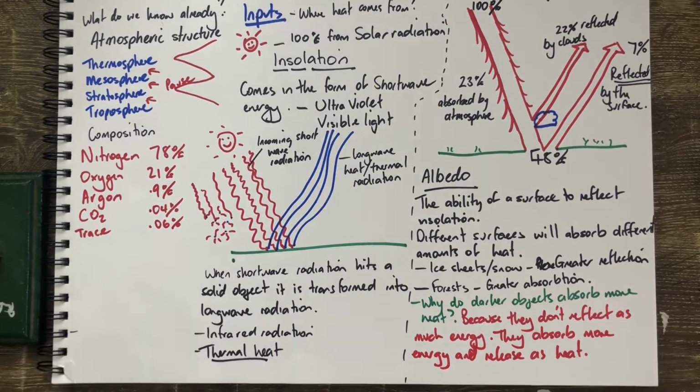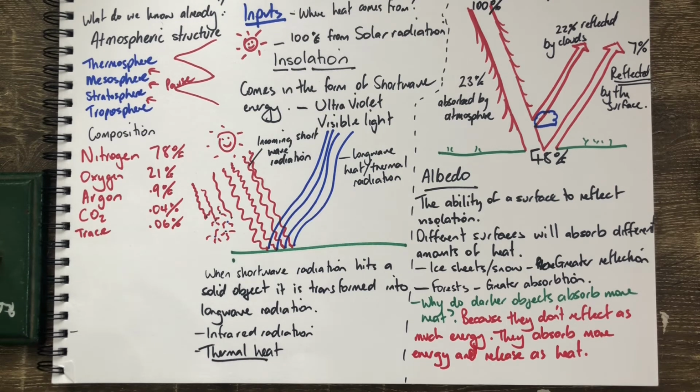If we think about the world that is covered in ice, the world that is covered in ice will obviously reflect a lot more insolation and therefore will be colder. So it will remain colder. It's very difficult for it to warm up if it is constantly removing all of the insolation that it's receiving.